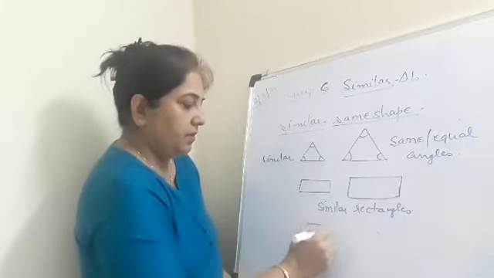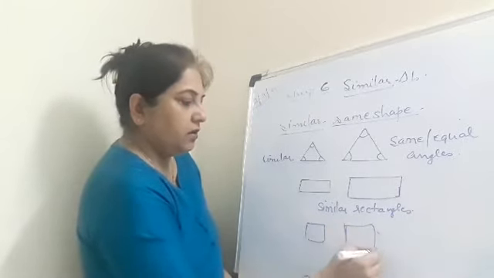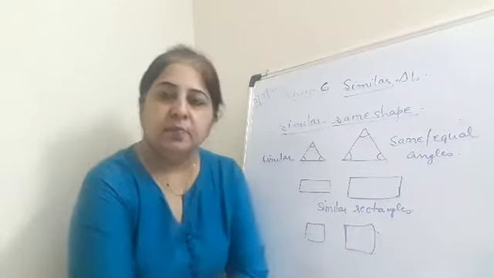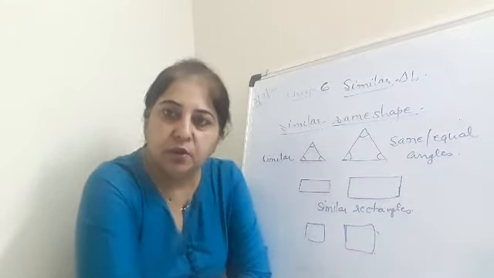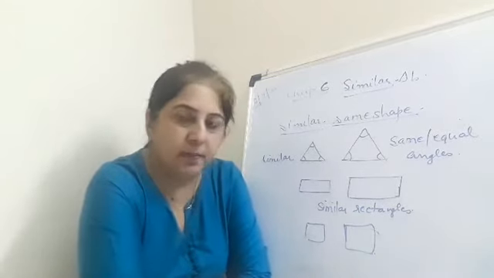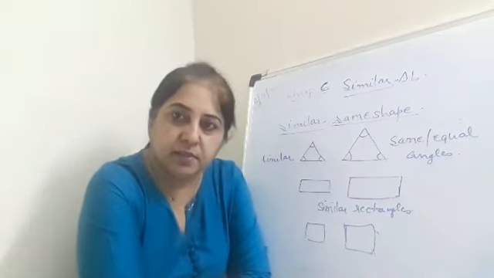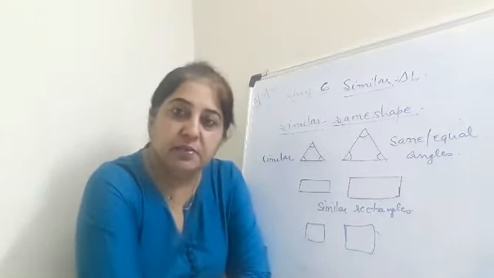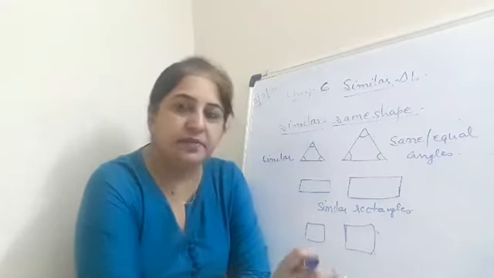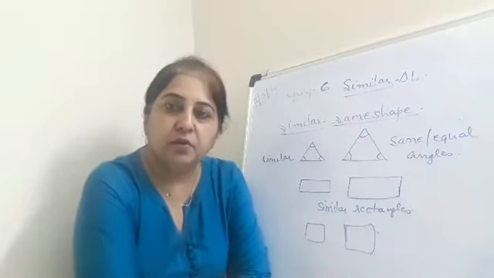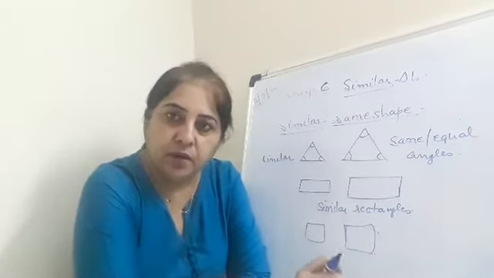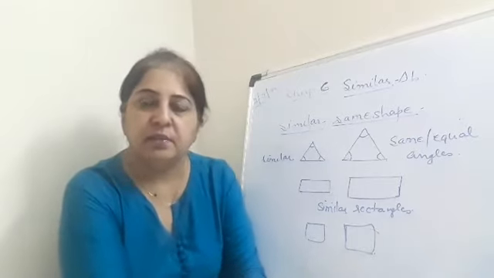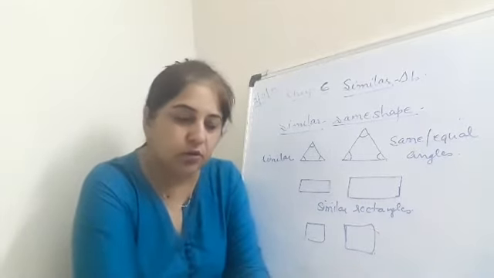Then there can be similar squares. So what did I say? Similar figures or similar objects are those which have the same shape and the same angles, and not necessarily the same size, because if they have the same size, they will become congruent to each other. So this is the main difference between similar and congruent objects.